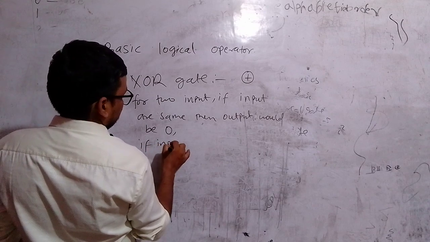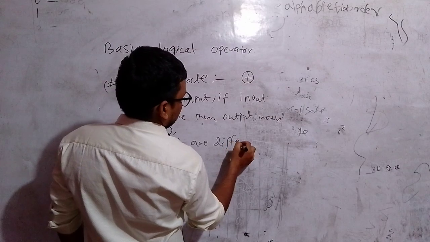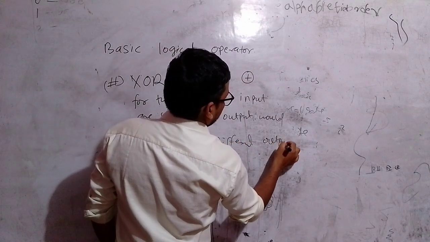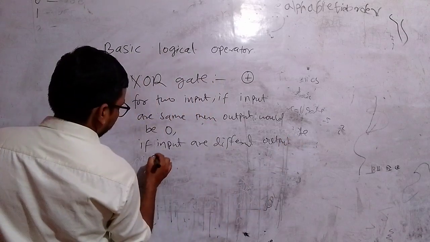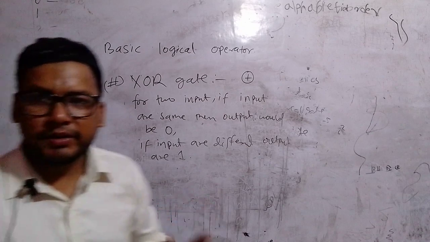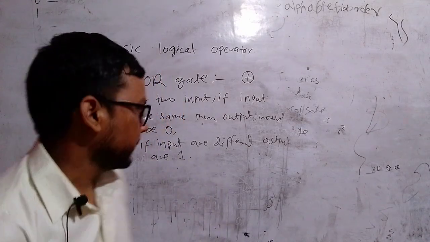If the inputs are different, the output is 1. So for the same input it produces 0, for different input it produces 1.